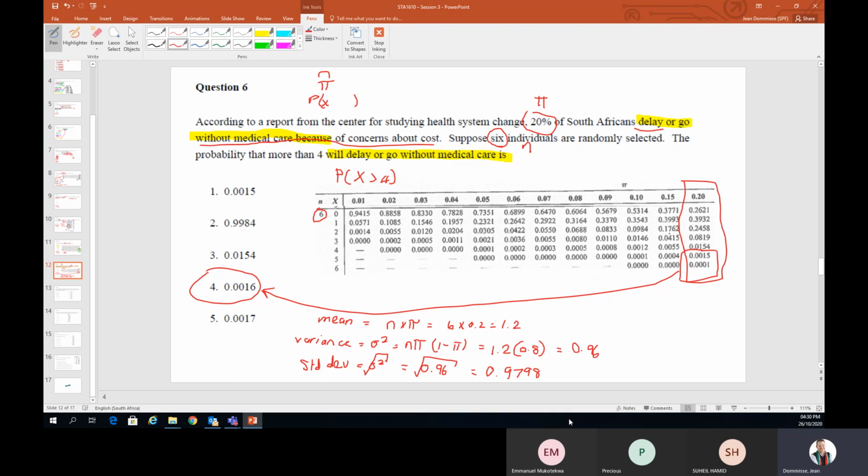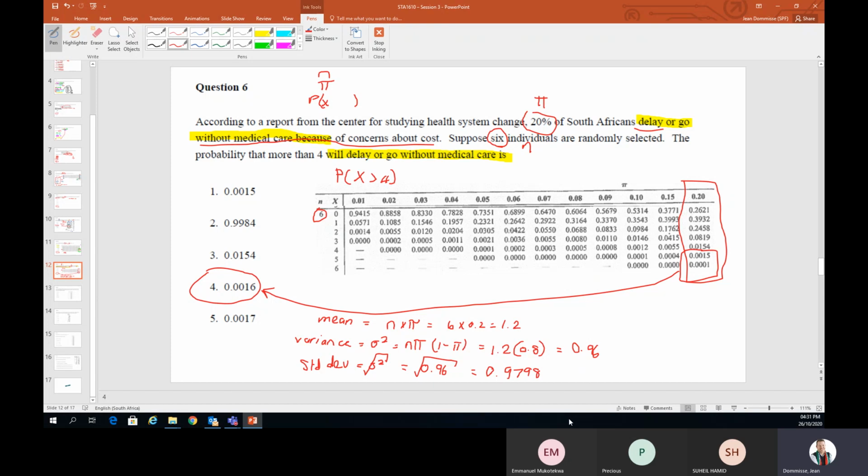Okay. So again, be very cognizant of what they ask, because it can be that they're asking you to work out the standard deviation, or it can be that they're asking you to work out the variance. And they will give you both answers as well.